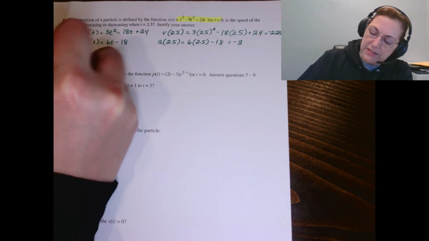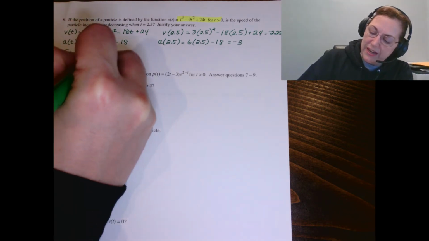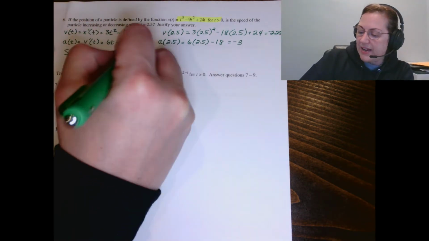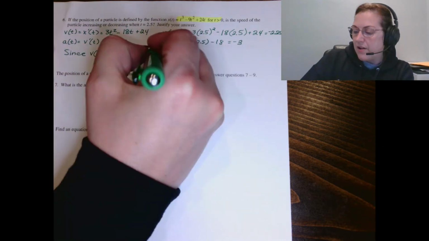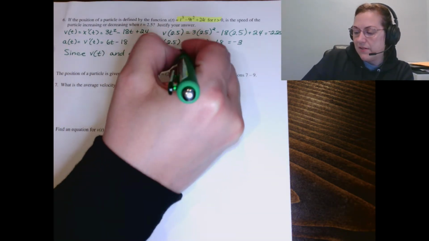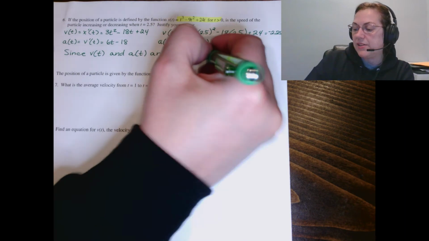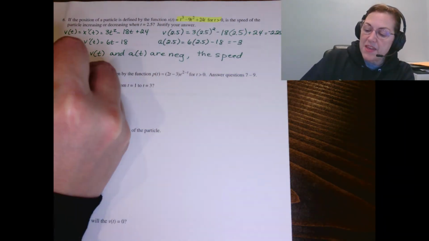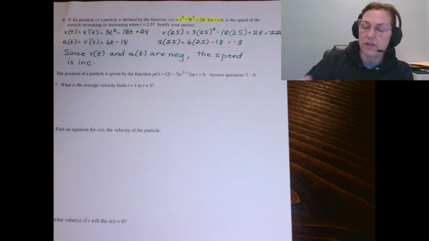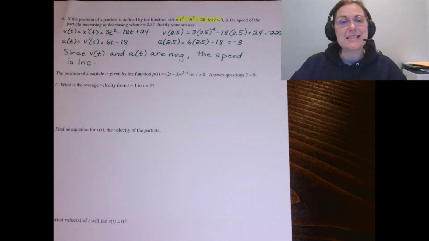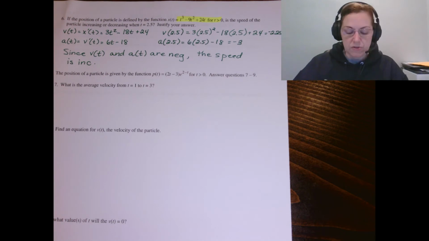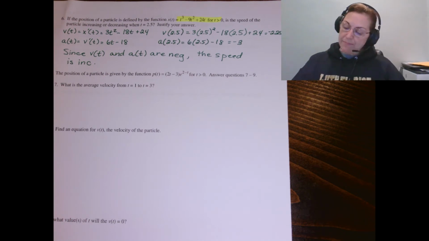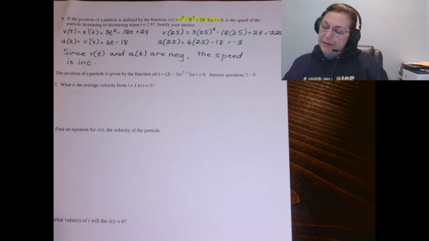So since velocity and acceleration are negative, the speed is increasing. So remember, it's not that they both are positive, it's that they share the same sign. So that's important there.